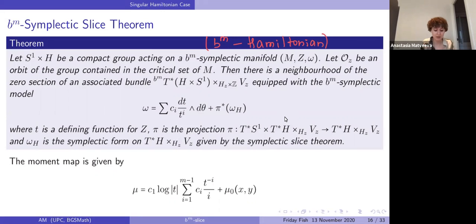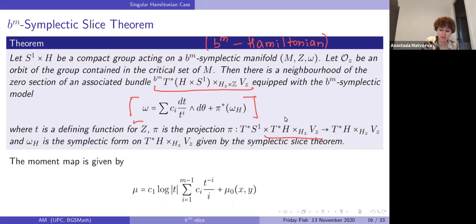Then we take again the orbit of the group contained in the critical set of M, and then there is a neighborhood of the zero section of an associated bundle that will look like this, equipped with this BM symplectic model, where pi stands for the projection on the second component of this product, and omega comes from the symplectic form given by the symplectic slice theorem.